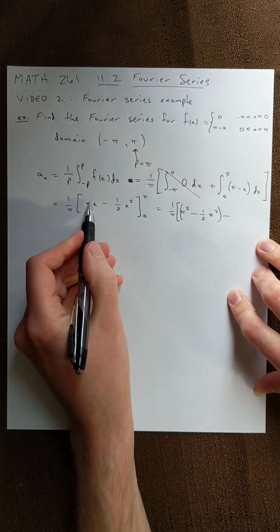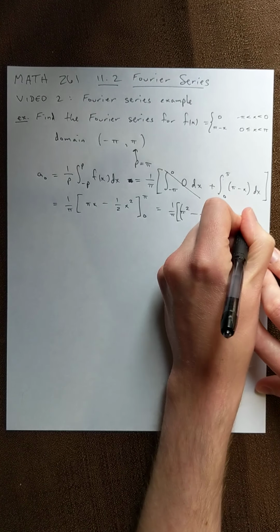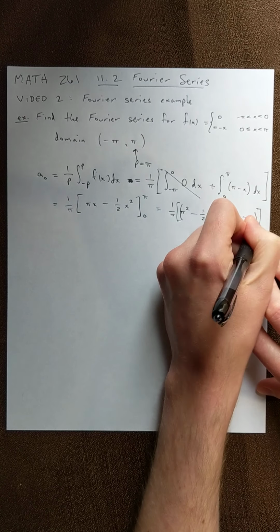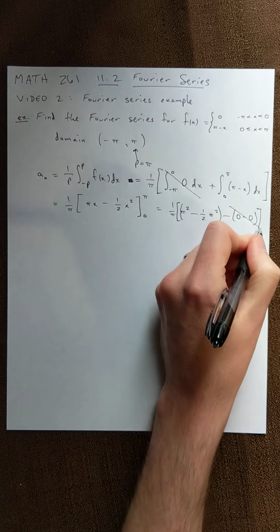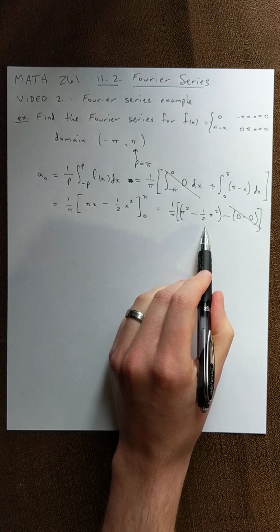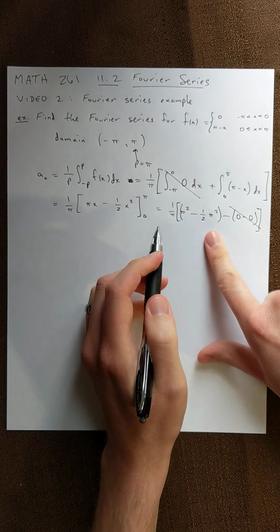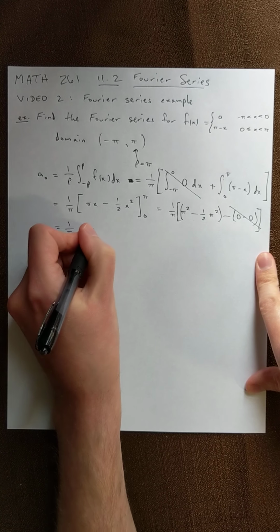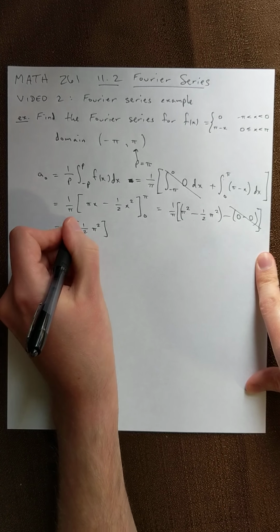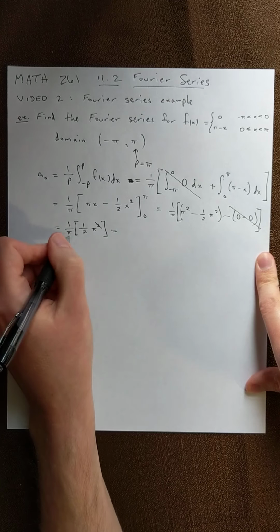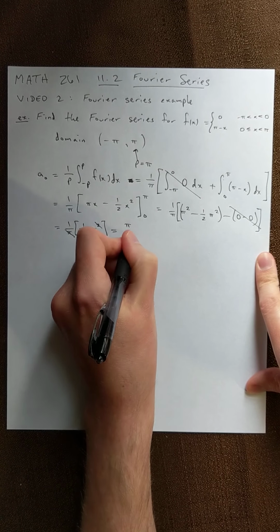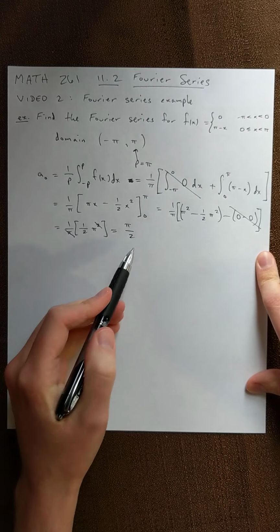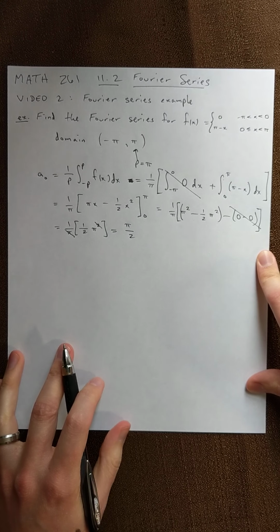Bottom limit of integration would give us 0 minus 0. And so we really just have pi squared minus 1/2 of pi squared, which is 1/2 of pi squared. And so we get 1 over pi times 1/2 pi squared. And if we cancel a pi, we get pi over 2. So our a0 is equal to pi over 2.